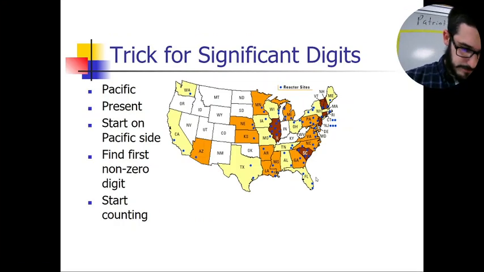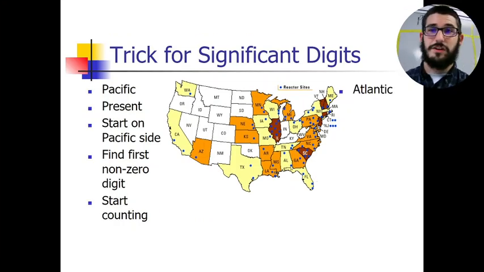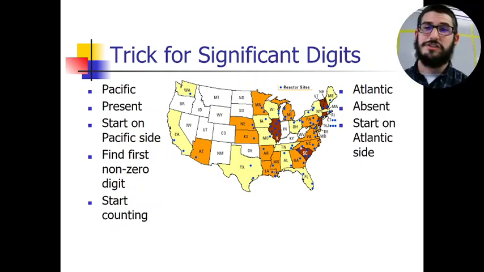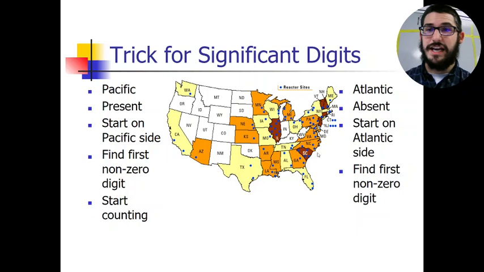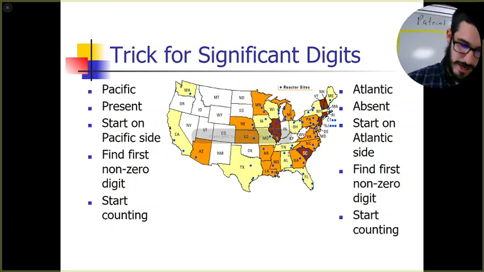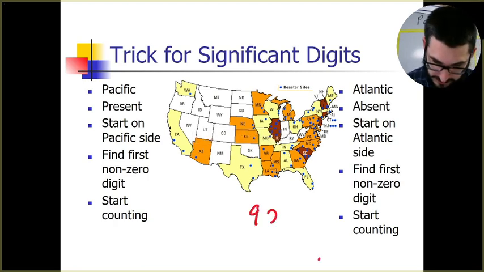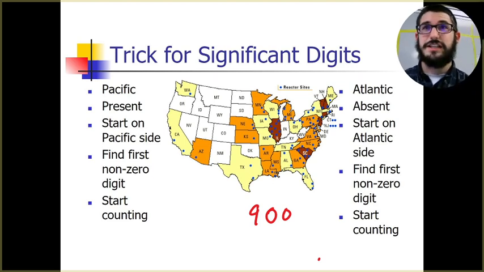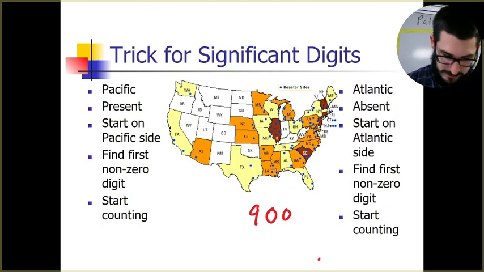Then if you're on the Atlantic side, that's when the decimal is absent. So you're going to start on the Atlantic side, find the first non-zero digit, and then start counting the other way. So if I've got 900 with no decimal, then I find the first non-zero from the right.